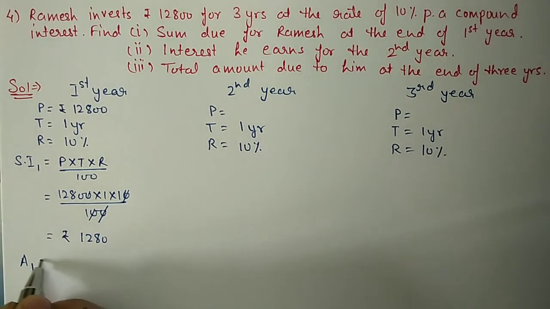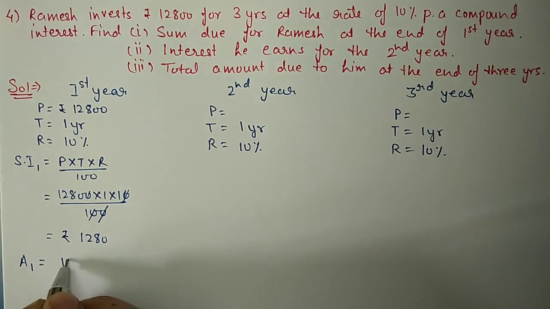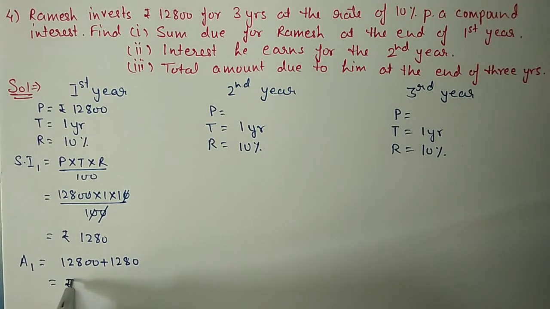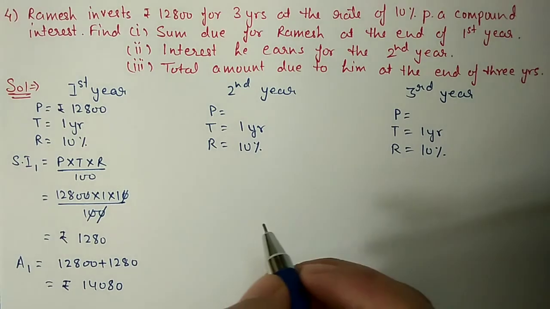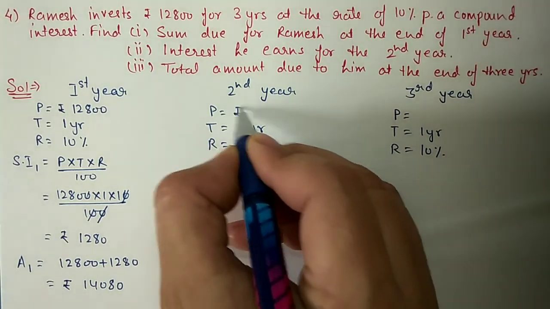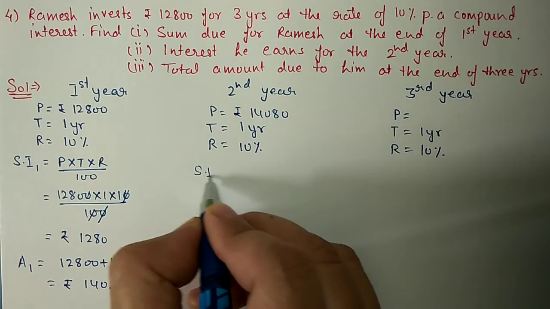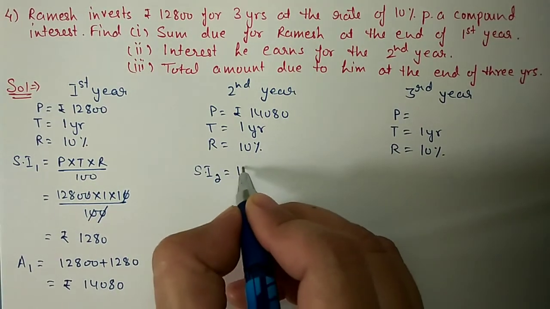So amount by the end of first year will be 12,800 plus 1,280 rupees is equal to 14,080 rupees. This 14,080 rupees will become principal for the second year, and similarly we'll calculate simple interest for the second year also.